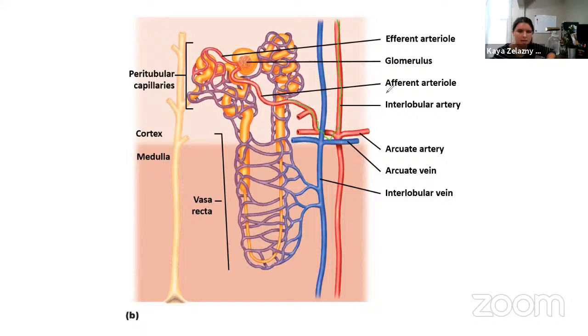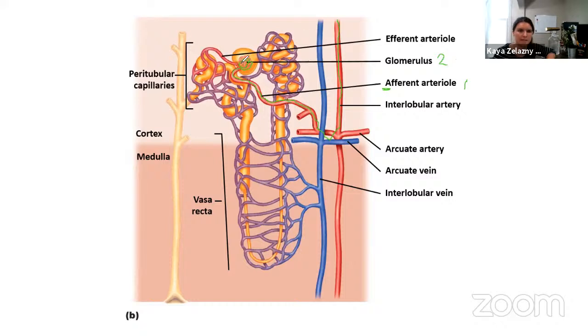So afferent, A always means we're going to something. So the afferent arteriole is leading to our nephron, specifically to our glomerulus. All right, so we're going to go afferent arteriole number 1, glomerulus, which is kind of a knot of capillaries, number 2.